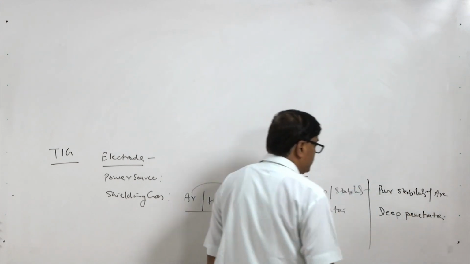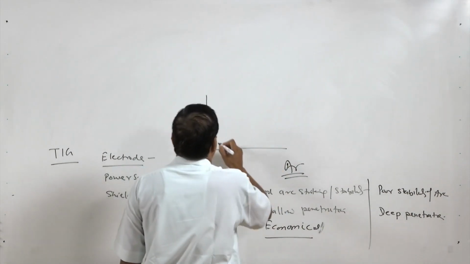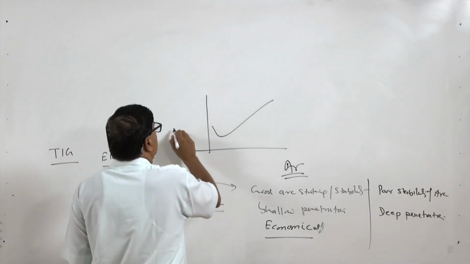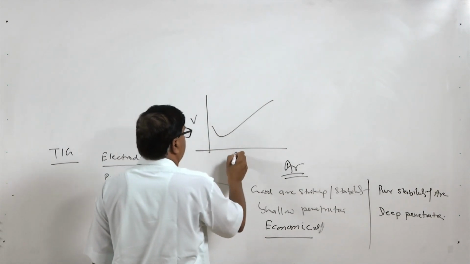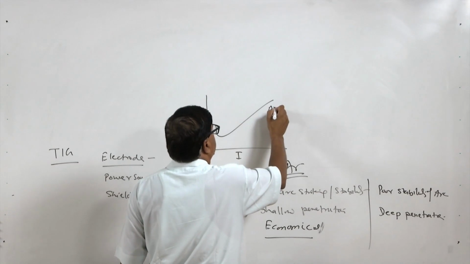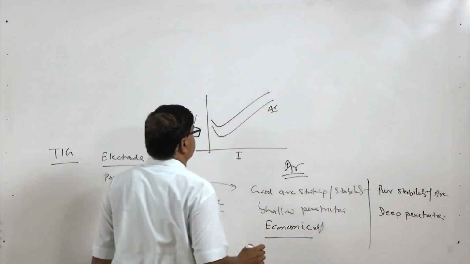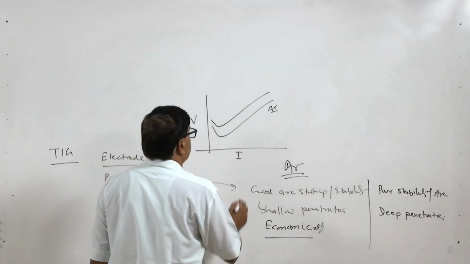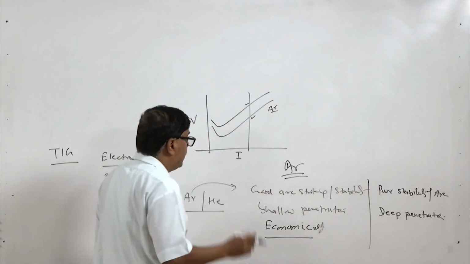The logic behind this is that the arc characteristic is affected when helium is used. Here we have the voltage and here we have current. This is the characteristic for argon. Use of helium changes the arc characteristic, meaning under identical conditions the arc voltage increases. So for the same current we work with higher arc voltages.